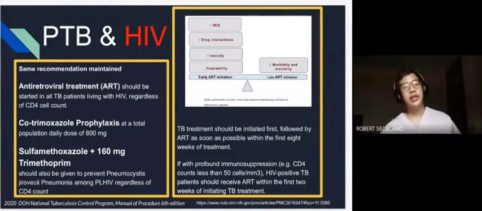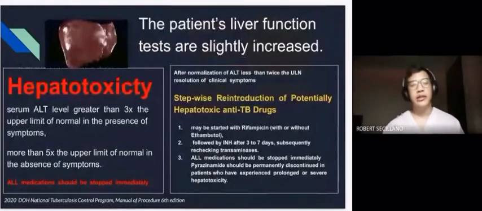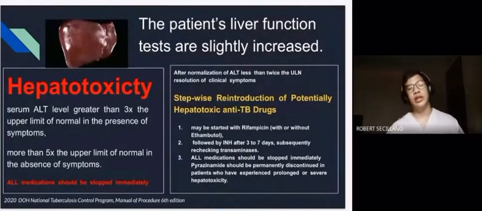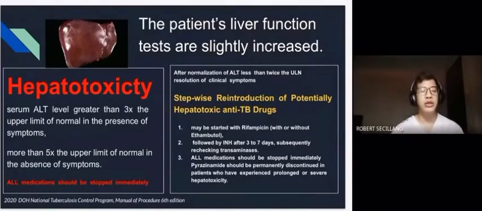Next, the patient's liver function tests are slightly elevated. In the case, the patient revealed a slight elevation in ALT. So first, let us define hepatotoxicity. It is a serum ALT level greater than 3 times the upper limit of normal in the presence of symptoms. What are the symptoms of hepatotoxicity? Nausea, vomiting, and abdominal pain.